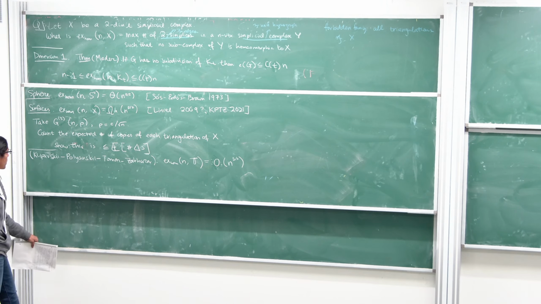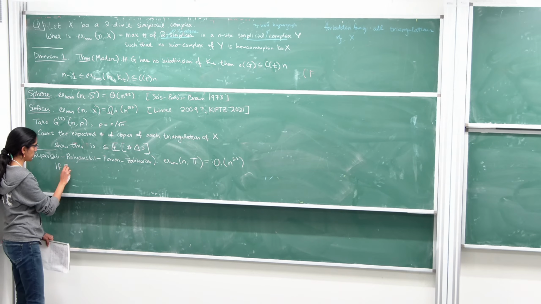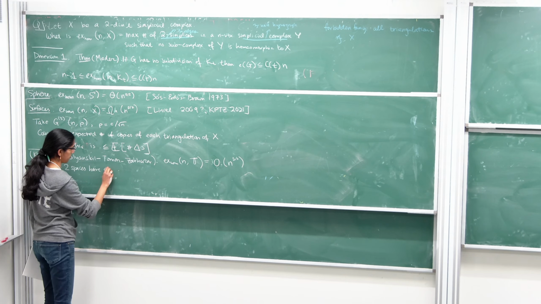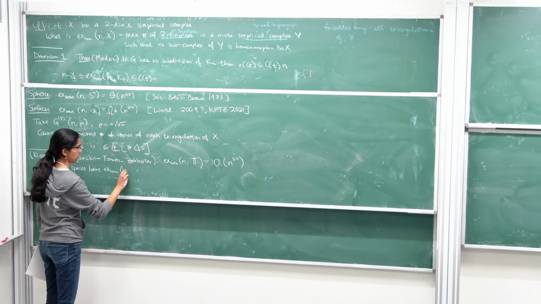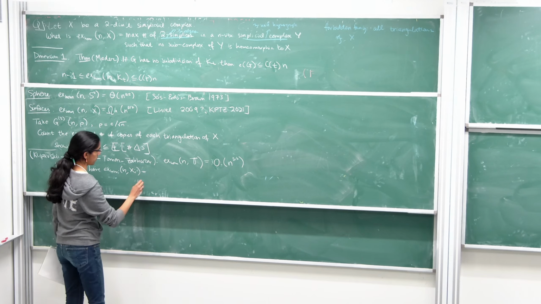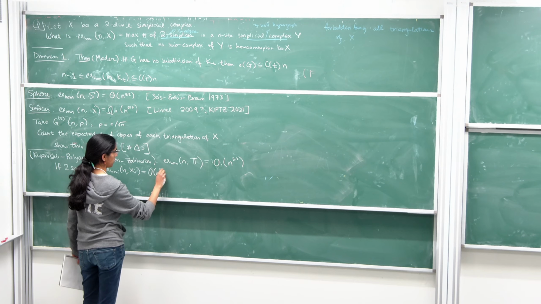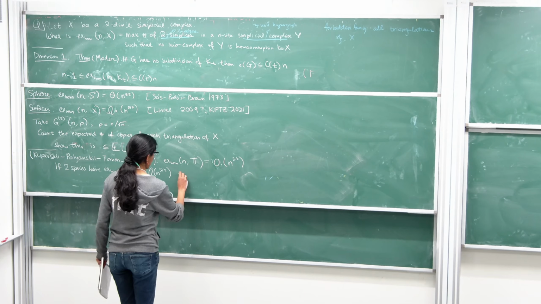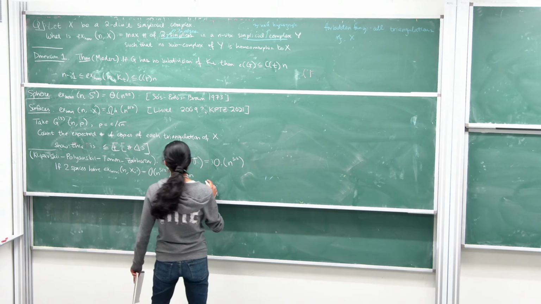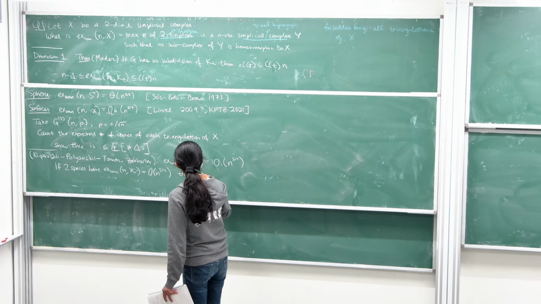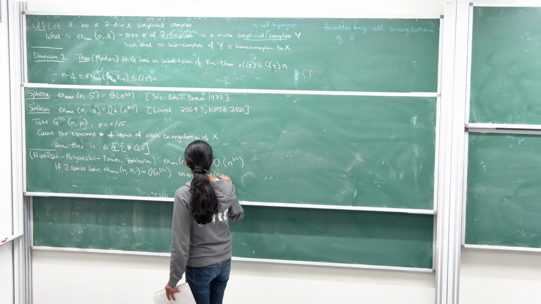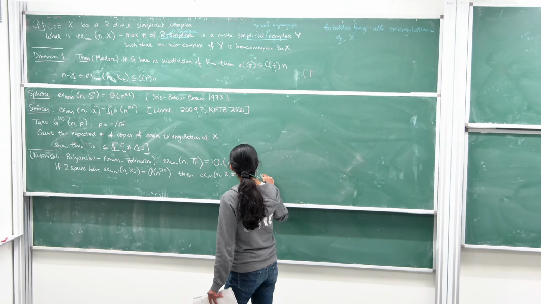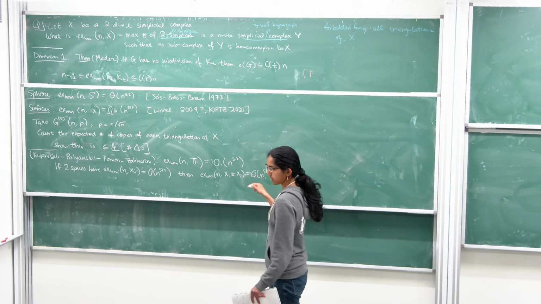And then they also showed that if two spaces both get n to the 5 halves, then their connected sum also gets n to the 5 halves, with possibly a different constant here.